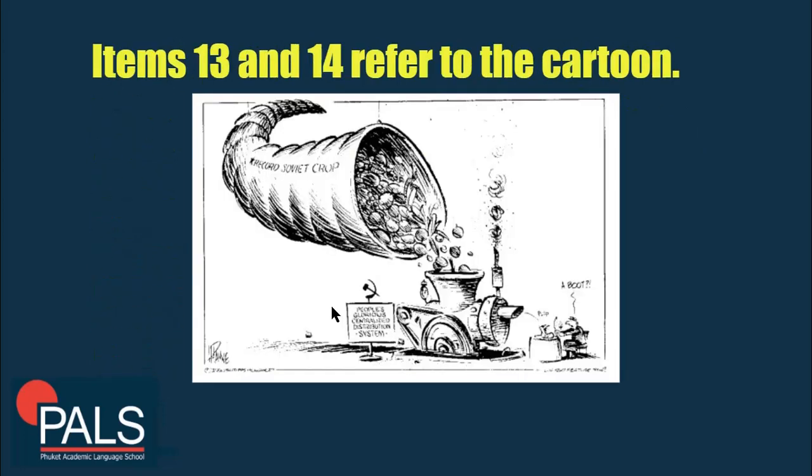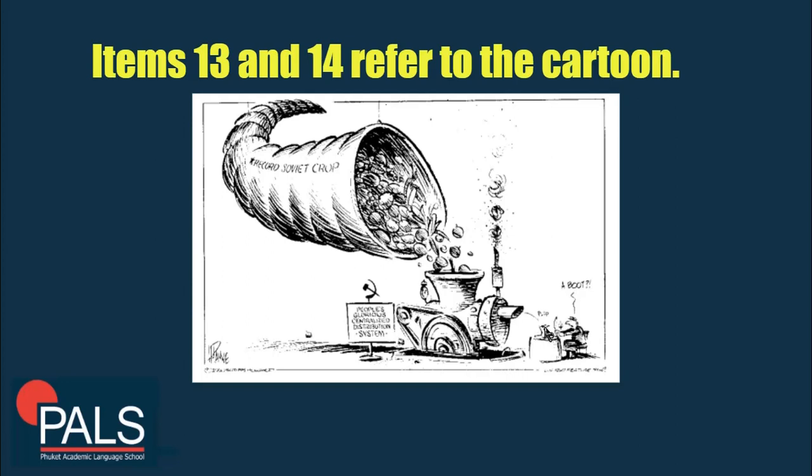Okay, now let's take a look at this political cartoon. Take a look at the labels here. Ooh, you have the sickle and hammer there, which denotes what? Communism, people's glorious centralized distribution system. And then record Soviet crop.